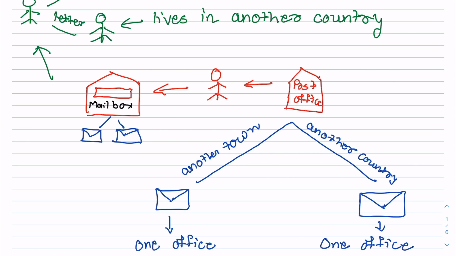For example, we are sending mail from Indiana to California. The post office in Indiana will send the mail to the post office of Arizona or a nearby post office. This is how the mail travels from one post office to another, through several post offices, and then reaches its final destination. This is how the whole postal service works.